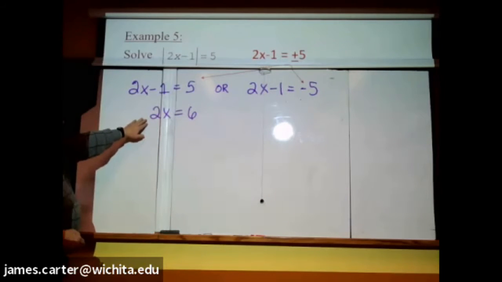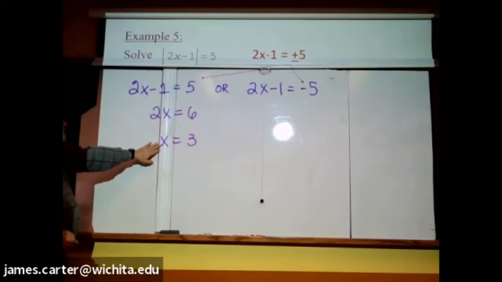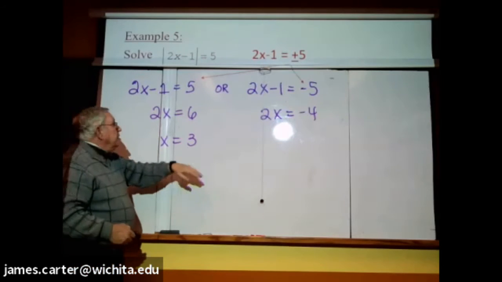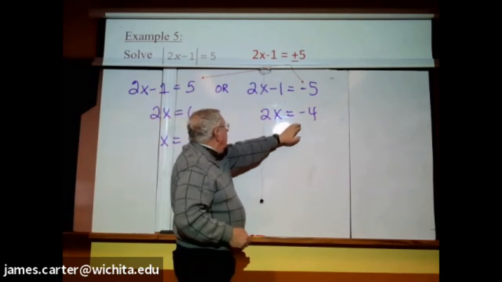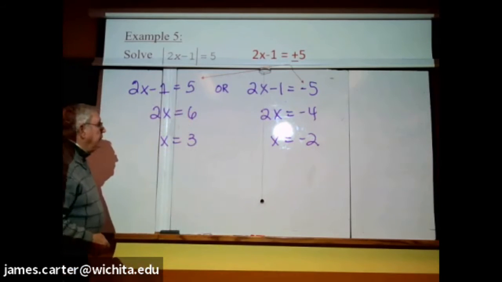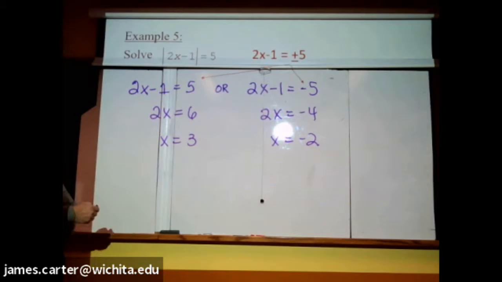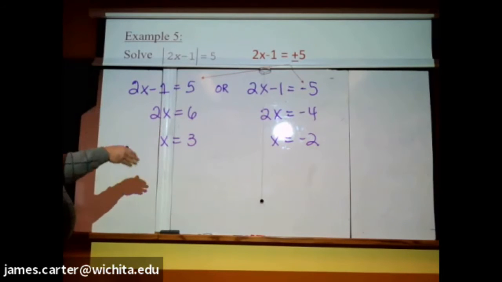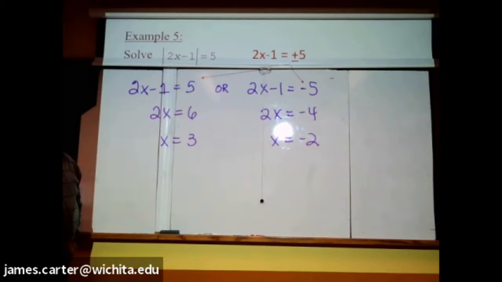This one simplifies and solves to x equals 3. This one simplifies, and I'm not done yet, to x equals -2. So anytime you have this plus or minus, that means you're actually going to have two separate problems to work. And then there would be your solution set on this problem.